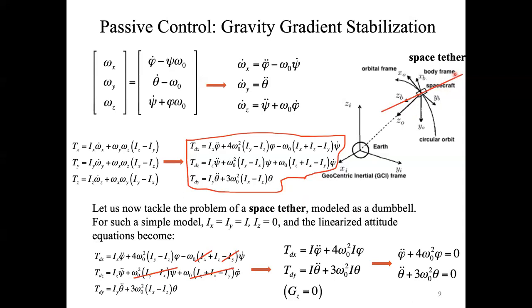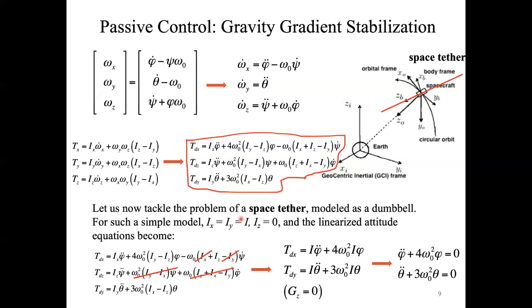Let's assume that the principal axis zeta is along the axis of the tether, so I zeta is equal to 0. And of course, Ix and Iy will be identical because the tether is symmetric with respect to that plane. So Ix and Iy are equal to I.